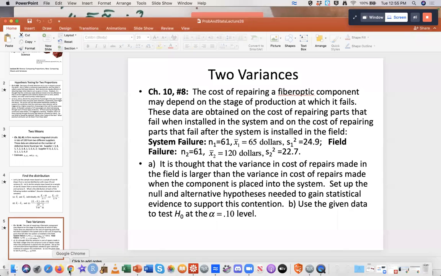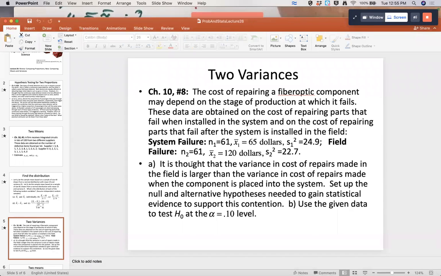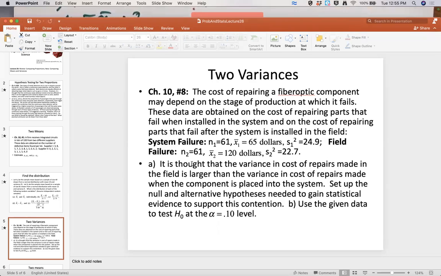Look at parts A and B now. It is thought that the variance in the cost of repairs made in the field is larger than the variance for the system, but these numbers seem to be switched around. I've got the number 8. Did I type this correctly?